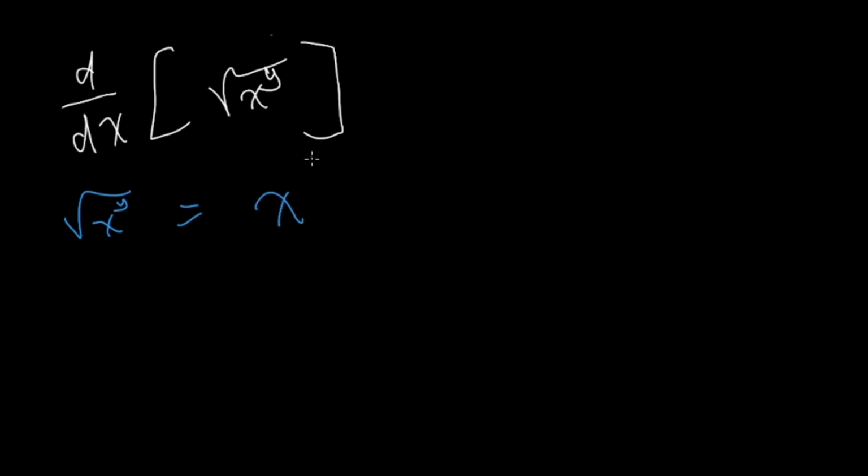As we discussed, the square root of x to the power of y becomes x to the power of y over 2. And since we only rewrote it, we take the derivative.